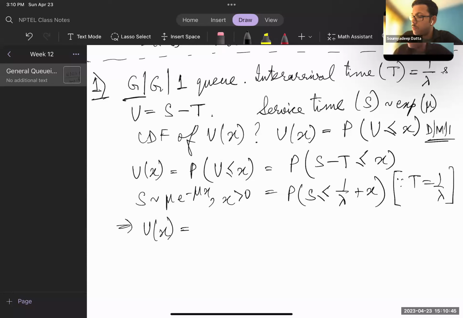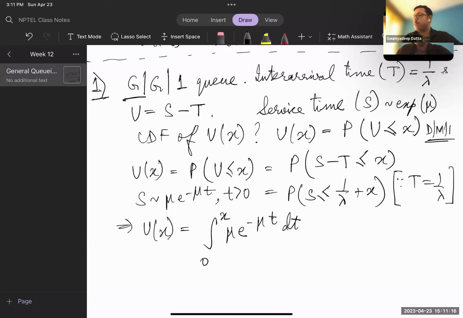So then this will be an integral of mu e to the power minus mu X dx. Or since the outer variable is X, let's keep the inner variable something like small t, dt, from 0 to X, right?